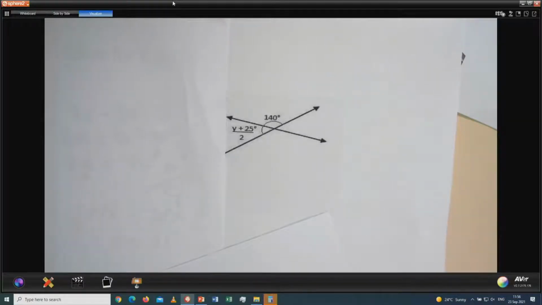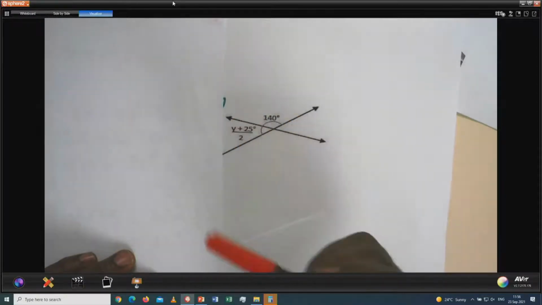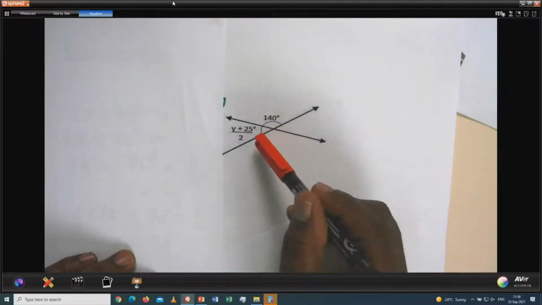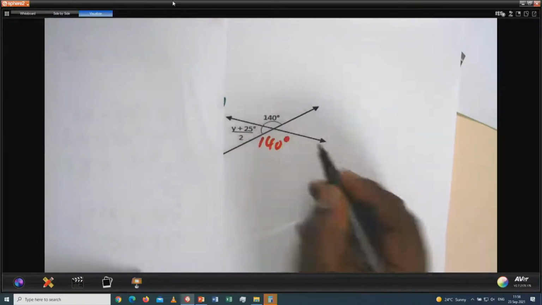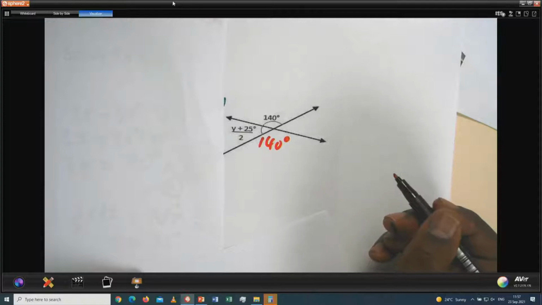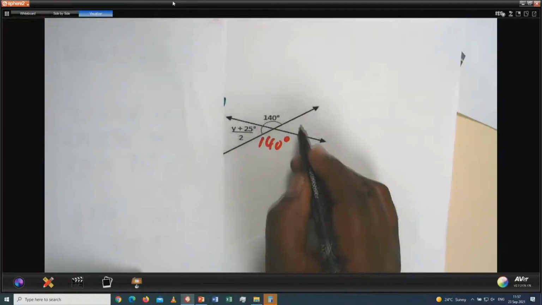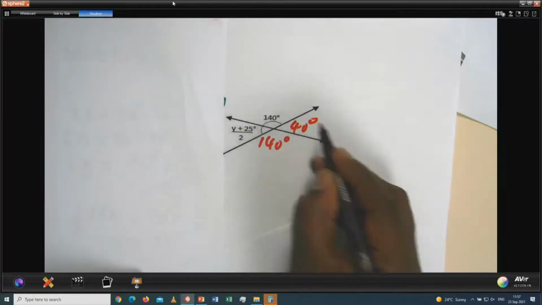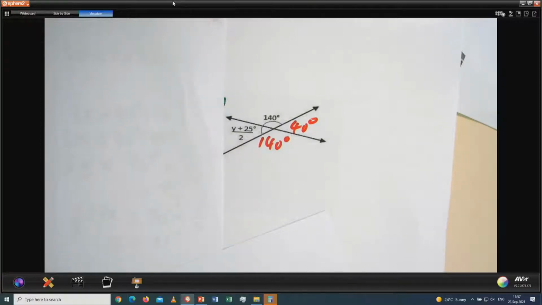Again, you analyze here. Let's analyze. Approach. What do we have? Straight line. What do we have? This also tells us vertically opposite 140 degrees. And this one, it also tells us this is 40 degrees. So it's up to you. You see them differently.